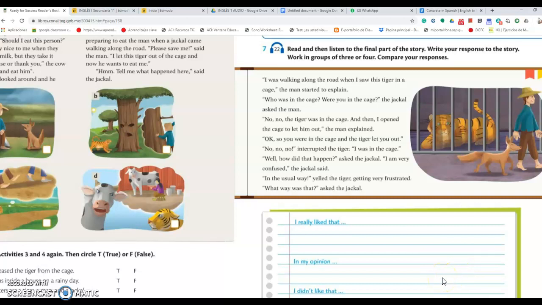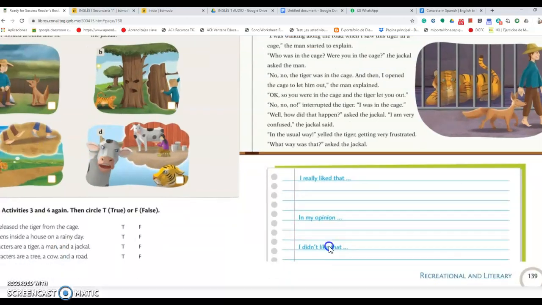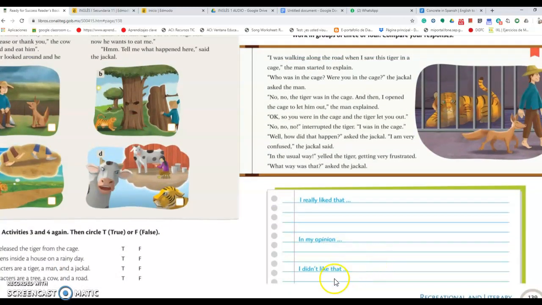You have to complete it with your own ideas. What didn't you like about the story? I didn't like that. Write your own arguments, please. It can be very simple. Just one statement explaining what you liked. What is your opinion about the story? And what are the things you didn't like about the story at all?